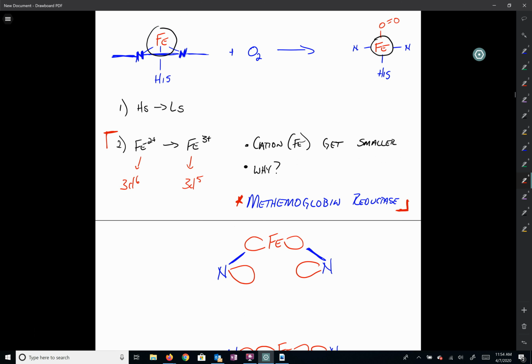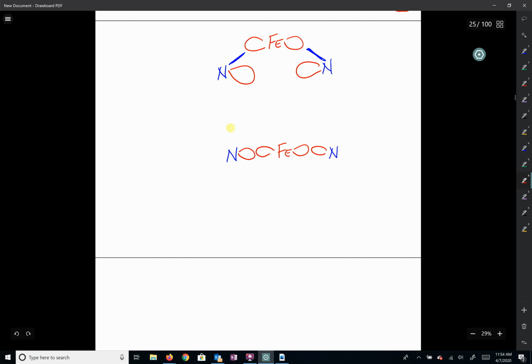Okay, let's talk about the high spin and low spin state here. Let us look at the molecular orbital diagram for a generic high spin versus low spin octahedral complex. So we're looking at Fe2+. Here we have our high spin, and here we'll have our low spin.